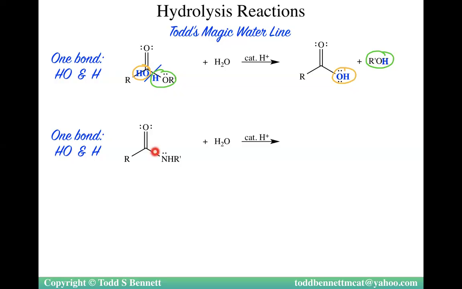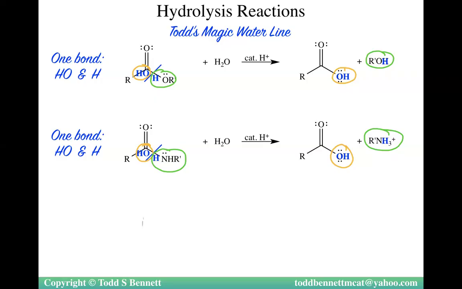Going to draw a line through the bond broken, just like we did before. Going to add an OH to the side with carbon, add an H to the other side, and voila, you have it. So in the end, you have, once again, the OH on the carbonyl and the H on the leaving group. So again, fairly straightforward.